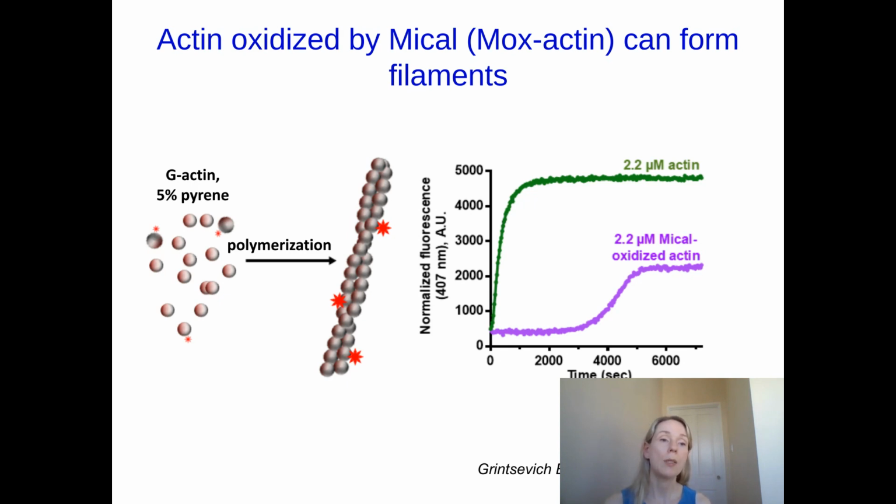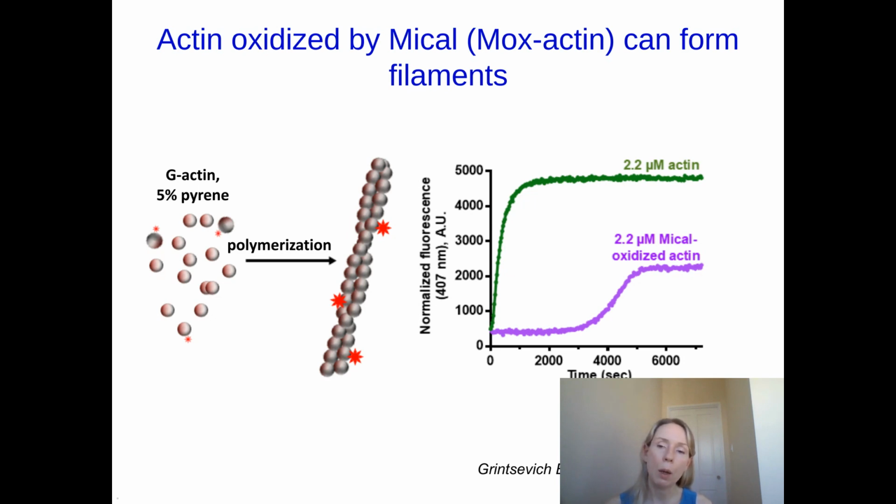However, as actin polymerizes and the environment of the pyrene probe changes, we see this increase in fluorescence multiple fold. And this gives us a very sensitive assay to monitor bulk assembly of actin. And as you can see from this graph on the right, there are striking differences in the kinetics of assembly of unoxidized and Mical-oxidized actin at the same concentration.